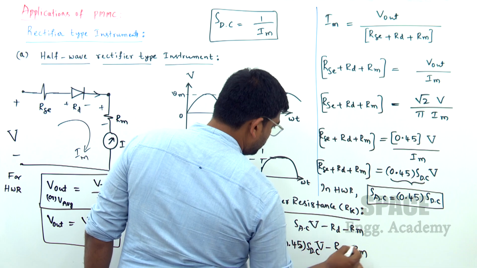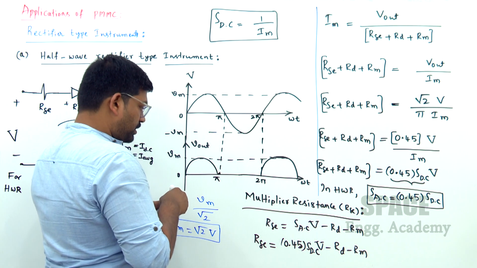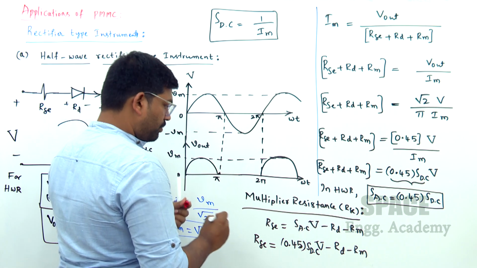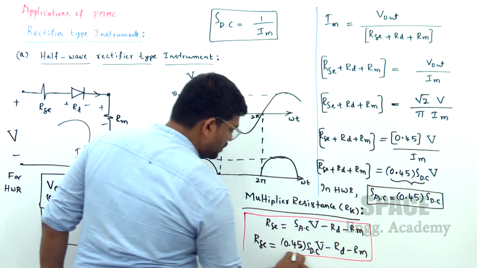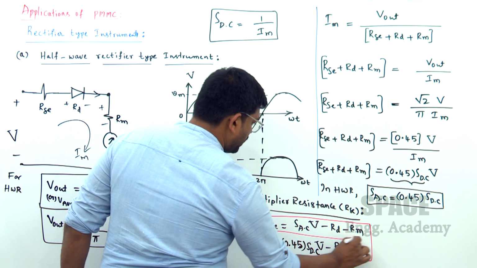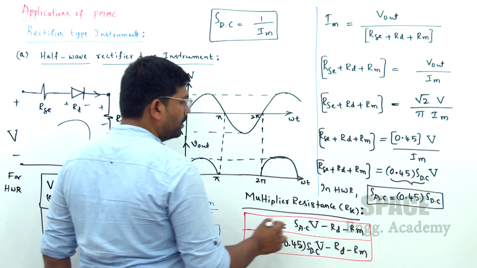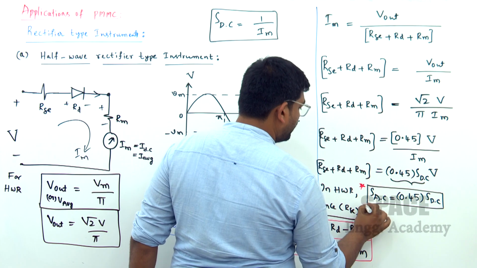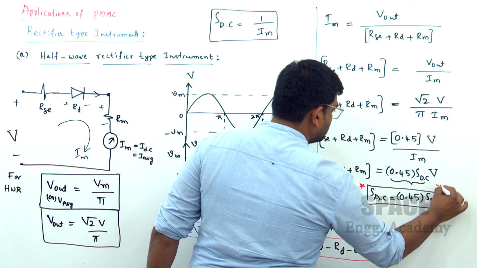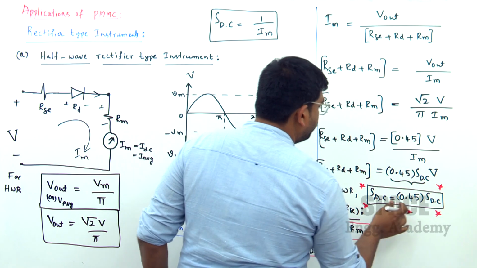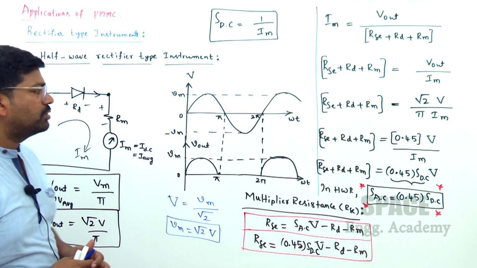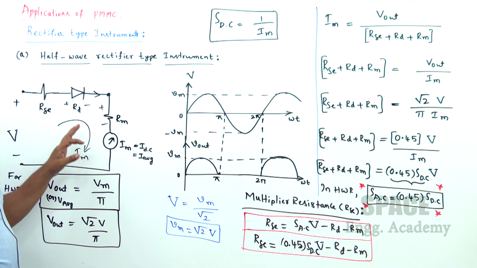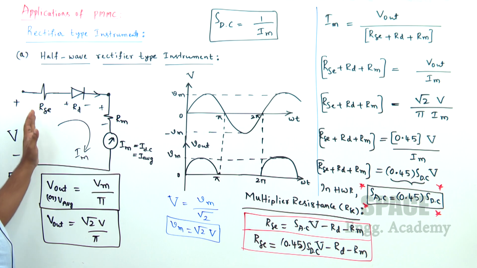This is the expression for multiplier resistance or series resistance, which is connected to extend the range. So here in the half wave rectifier type instrument, AC sensitivity is only 45%, or 0.45 times. This is the way we extend the range by having multiplier resistance.